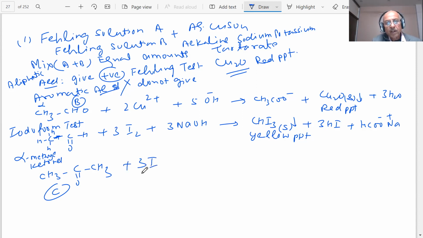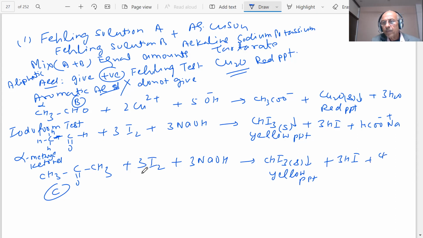So same, right? Iodine, NaOH, again CHI3, yellow precipitate, plus 3HI. Instead of H, you will have CH3COO-Na+. These are the reactions which have been asked in the paper, which you have to give. This answers the complete question.